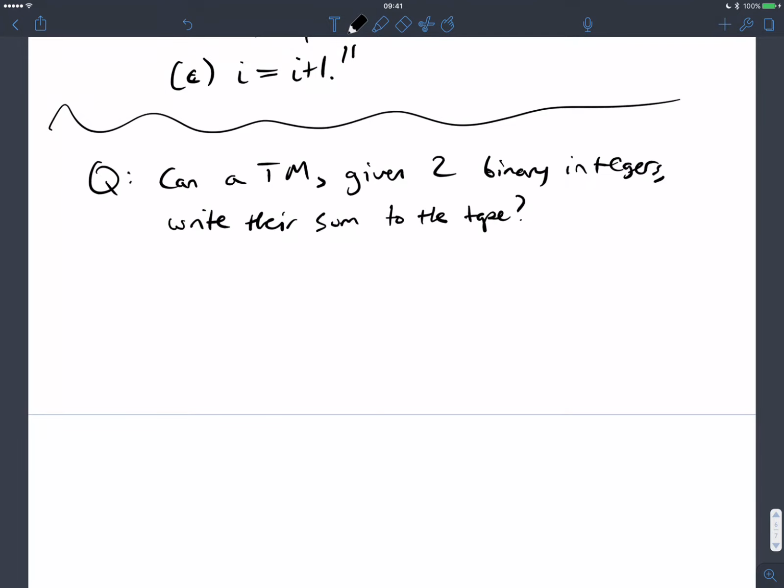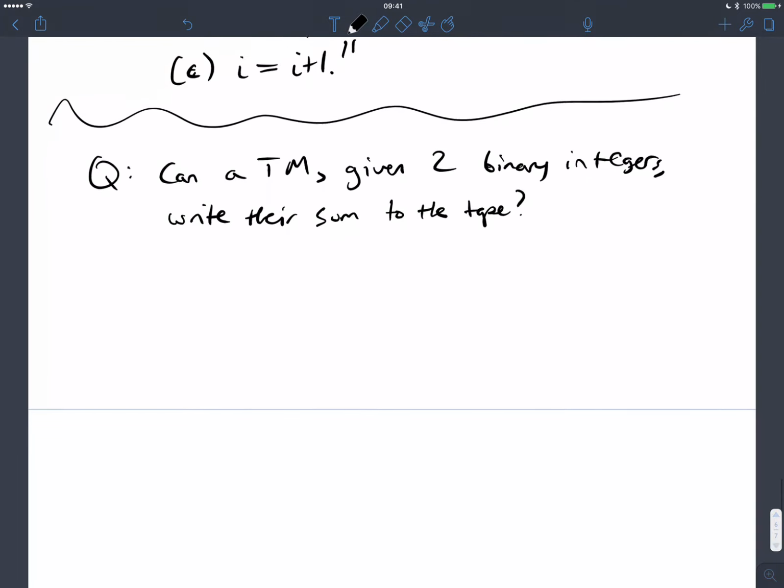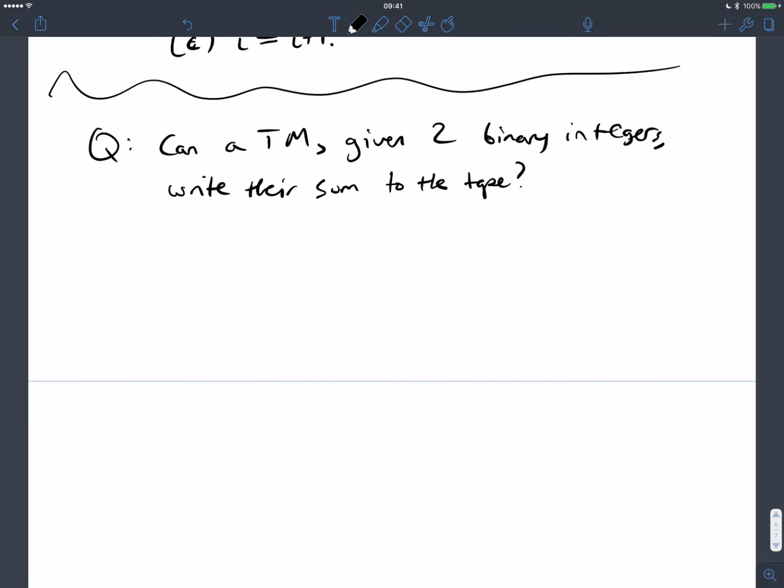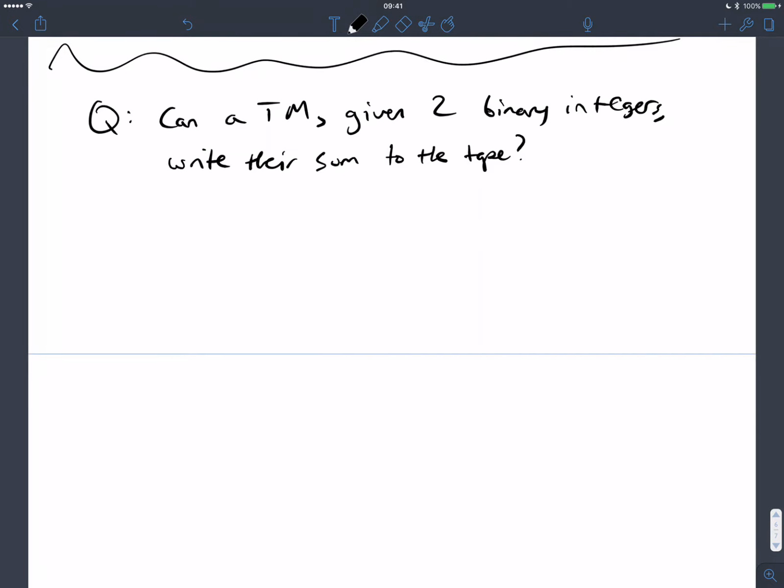Certainly a DFA or a PDA can't do this because they can't even write to a tape. And suitable presentation of the string will make it either not regular or not context free. But can a Turing machine do it?